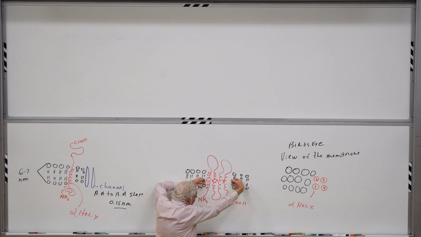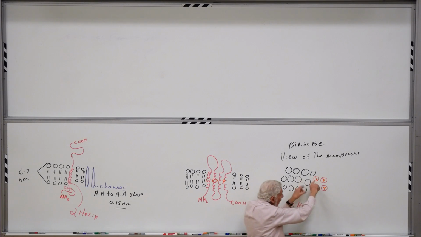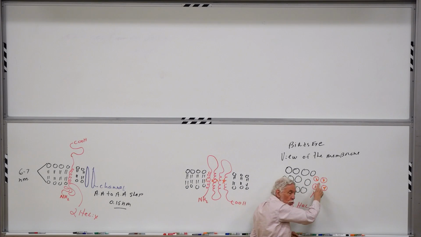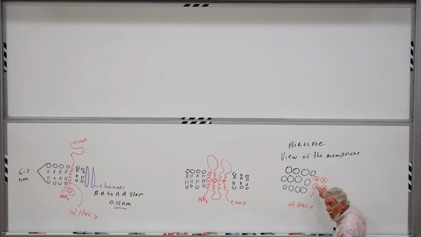Now what I want to do is bring these threads together in such a way that they aggregate around a central channel. So if you imagine that you would stand on the number 1 alpha helix and walk down the spiral staircase, the 40 or more steps down the spiral staircase.